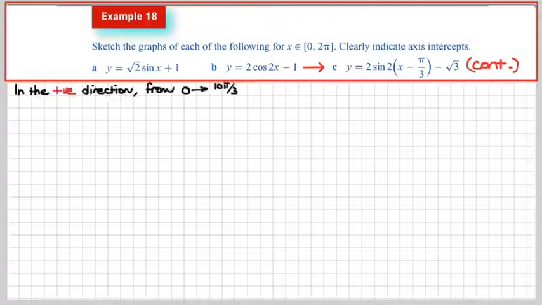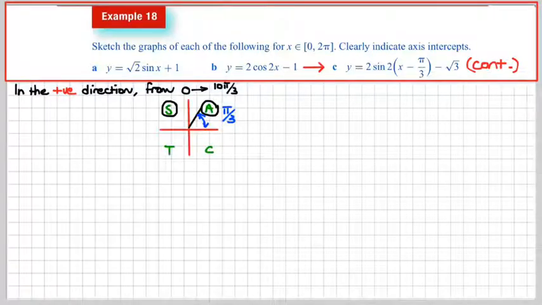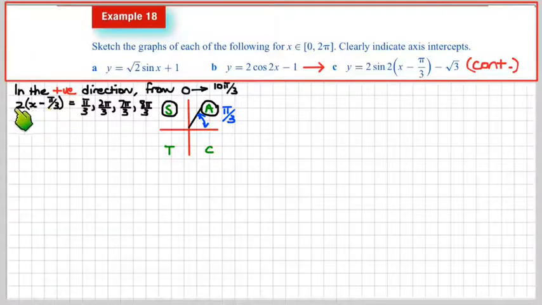Recapping the CAST diagram, whatever was behind the sine symbol, 2 times x minus pi on 3, would be pi on 3 or 2 pi on 3, that's quadrants 1 and 2, then add 2 pi to the first one, and add 2 pi to the second one.